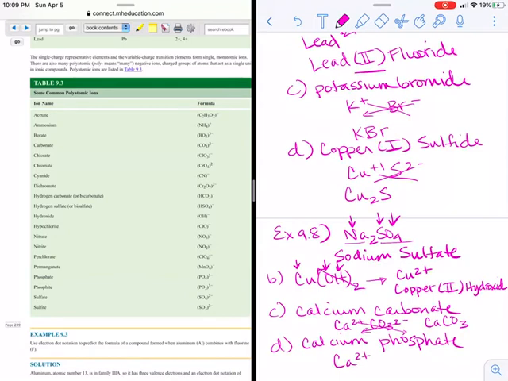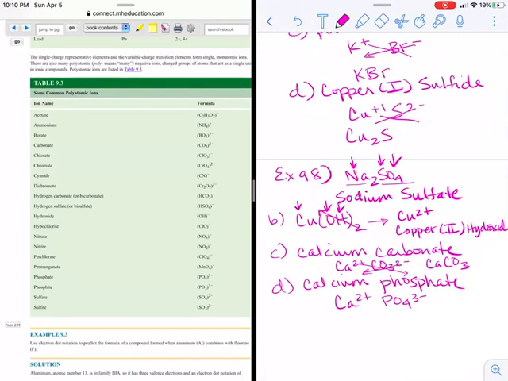You just end up with CaCO3. And then for the next one, you have calcium again, which is Ca2+. And then if you look at phosphate, phosphate is PO4 3-. So this is a good example because this is showing you a polyatomic ion that you're going to have to drag a number below.